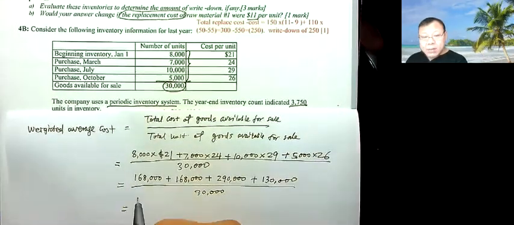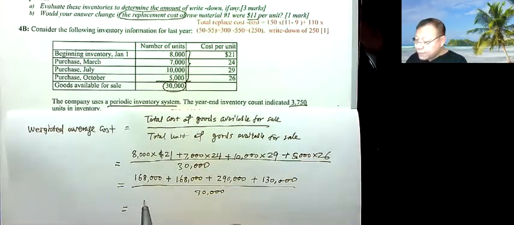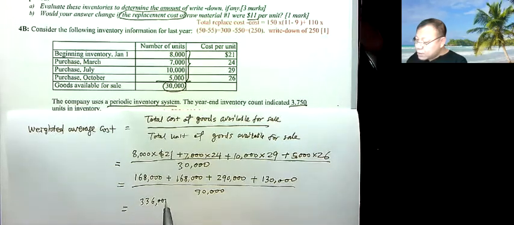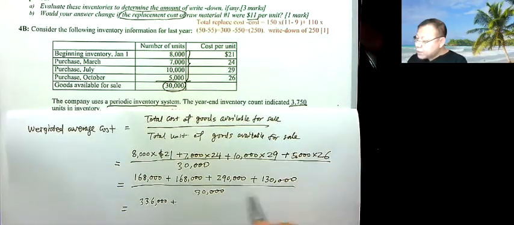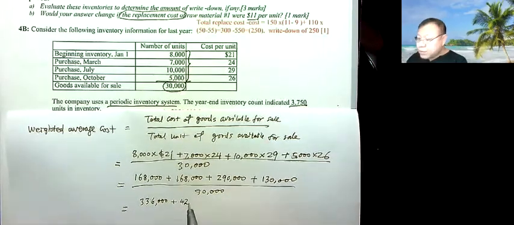So if you add them up, these two we are going to have 833,000, and these two is going to be 420,000, divided by 30,000.